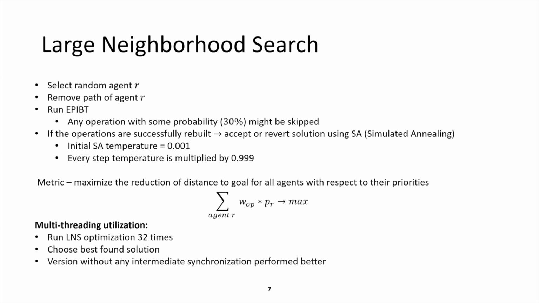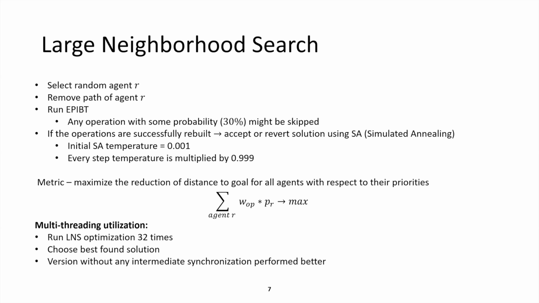In our case, it was 30%. We also used simulated annealing to add some exploration, so there is a chance that we will accept a solution that reduces the metric. However, we are trying to maximize the reduction in distance to goal with respect to priorities of the agents. So here we also use distance to goal to find out which of them has high priority.